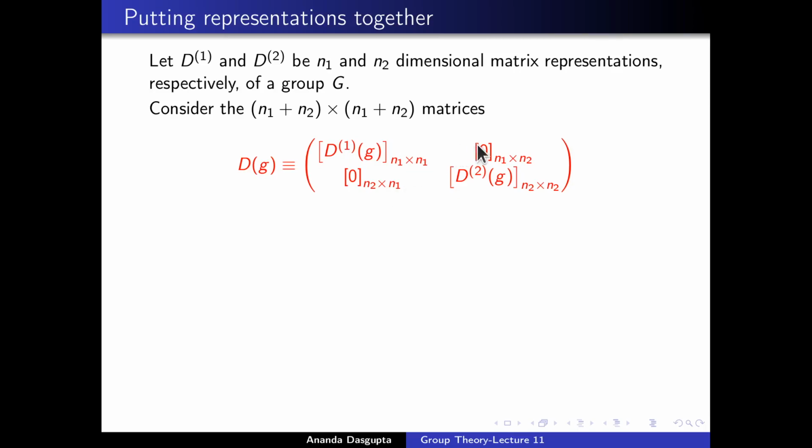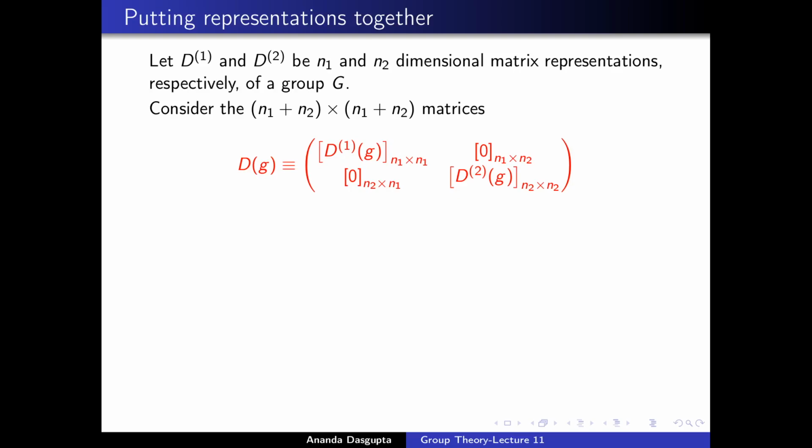So what you have are two rectangular sub-matrices inside this big matrix. One is an n1 by n2 dimensional null matrix, the other is an n2 by n1 dimensional null matrix. And that leaves a corner with n2 by n2 elements left, and that is occupied by d2g.